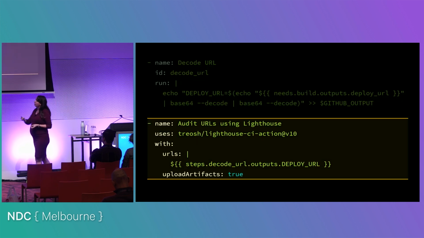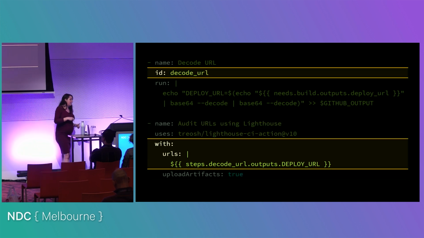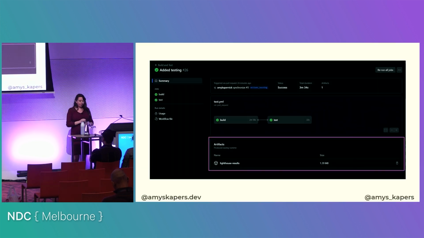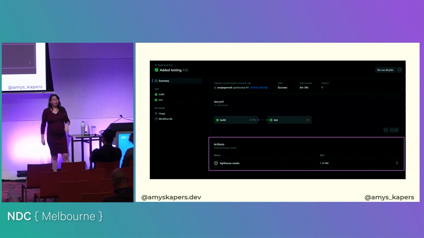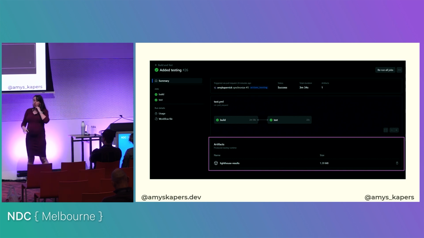So now that we've got the decoded URL, we can pass that one through to the Lighthouse tests, and it will go through and run the test. Now, we talked briefly about how we were uploading the report as well.